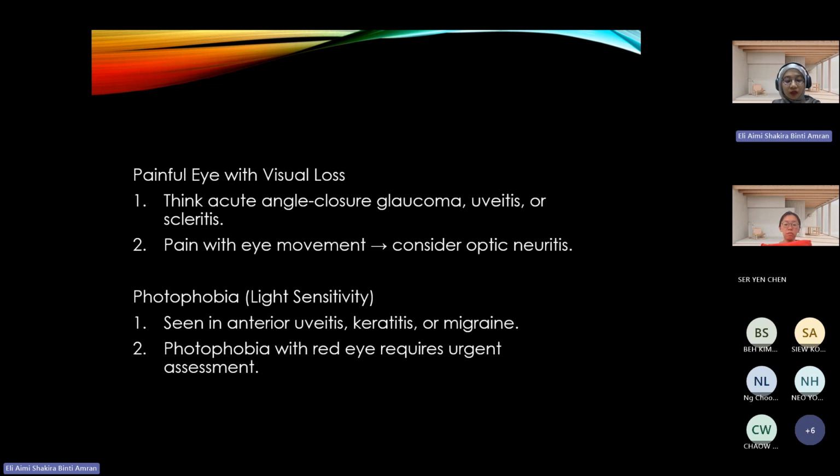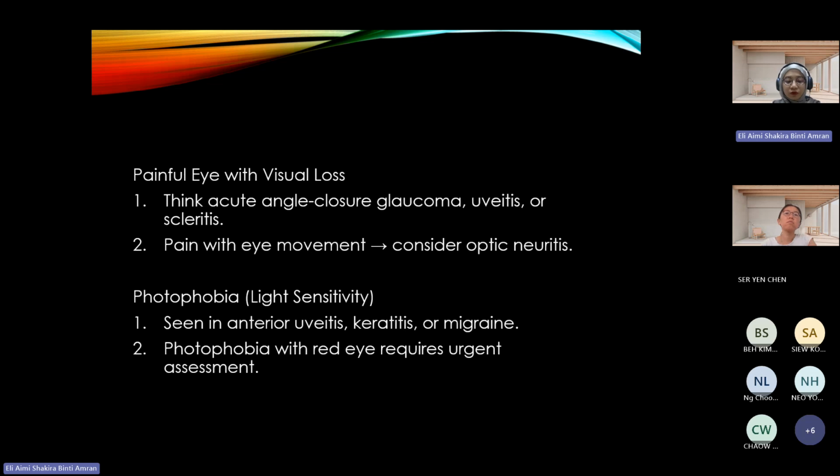You need to differentiate that, because some patients are sensitive to the headlights of a car, and some patients feel sensitive even with a mild amount of sunlight. So you need to be detailed in how you take the history.